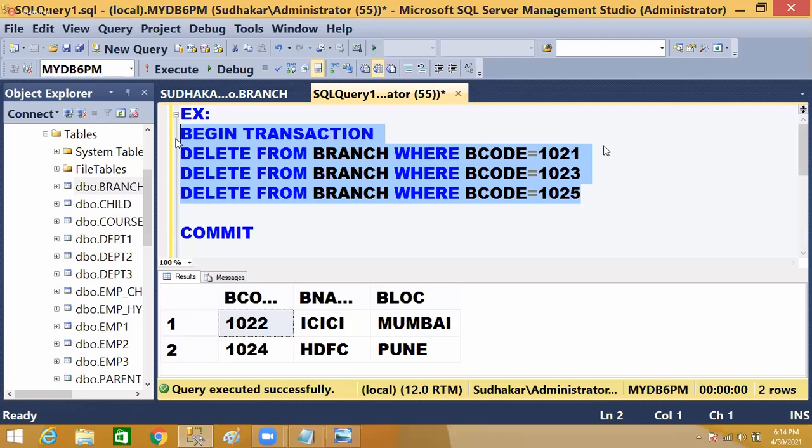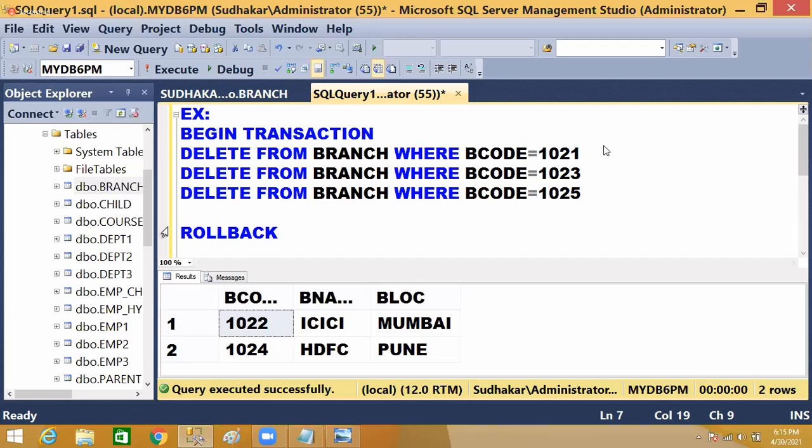That means all records 1021, 23, 25 are permanently deleted when we use commit. Otherwise, if I use rollback, then all are rolled back. That means this entire transaction is cancelled, and the 3 records you deleted from your table are restored into your database table again.